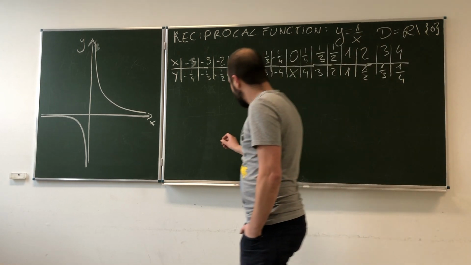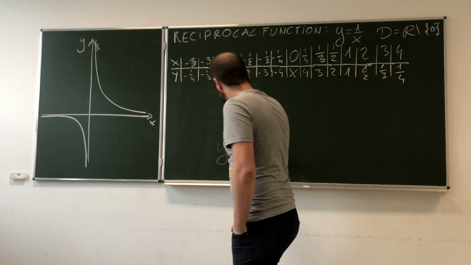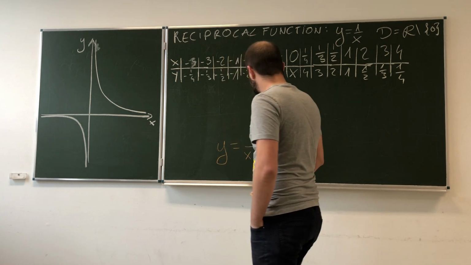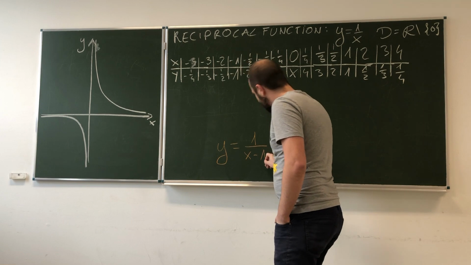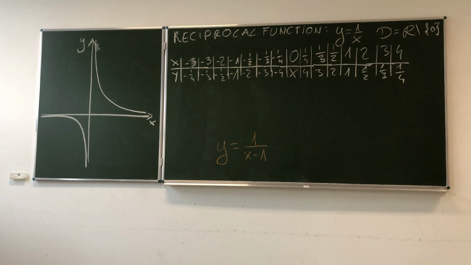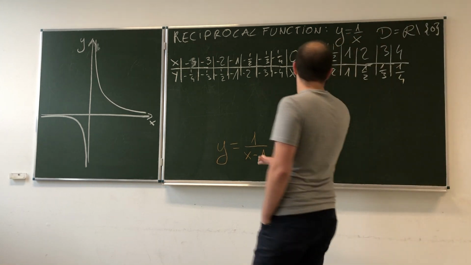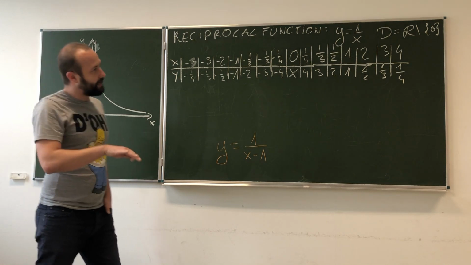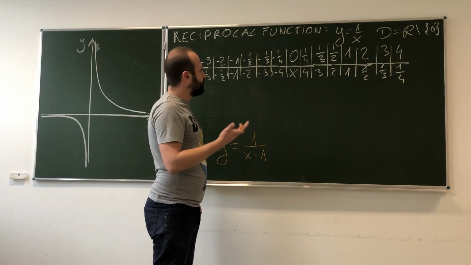Now look, what if y is equal to 1 over x minus 1? Okay, first thing we should notice here is that the point we need to cut out of our domain is no longer 0.